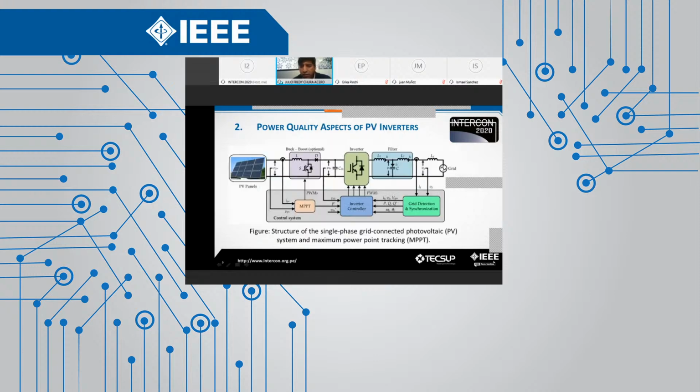In this slide, we can also see how the converter is working. In this case, it is the buck-boost option. Then the inverter and the filter go to the grid. The source is a power panel for photovoltaic systems.